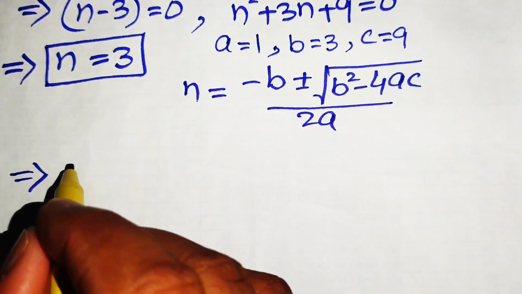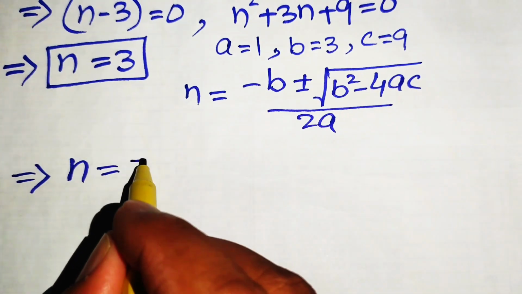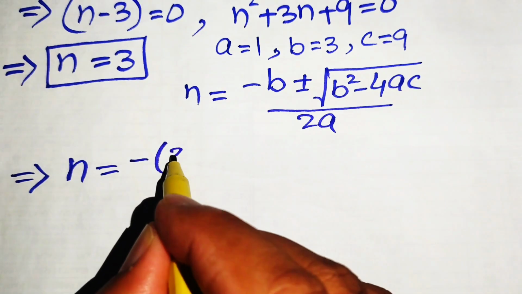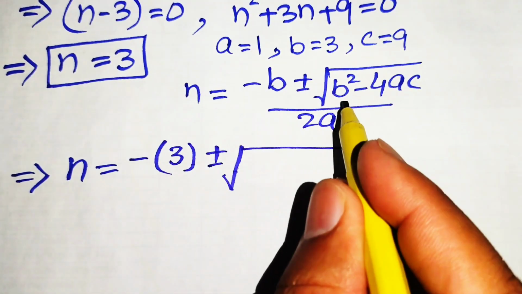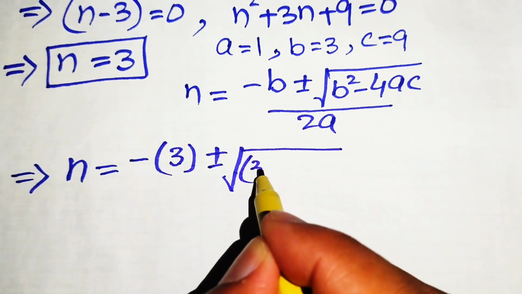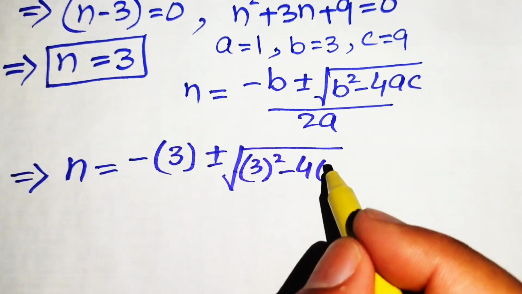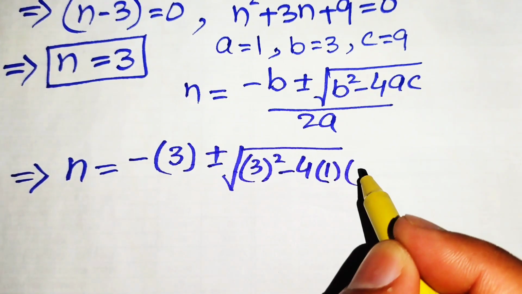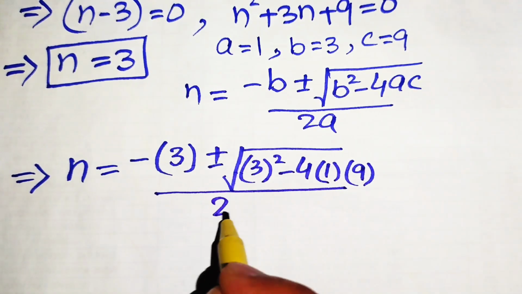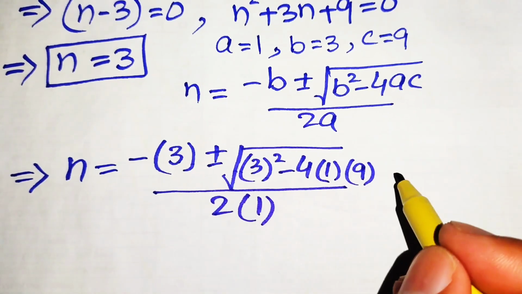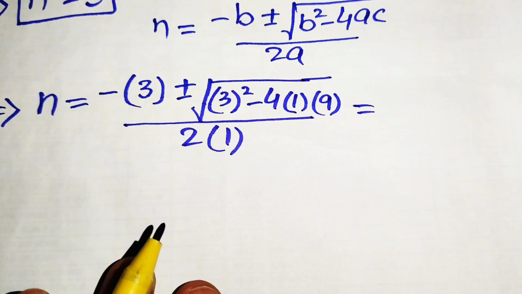So we again write this equation as n equals minus b. We have the value of b is 3, plus minus square root of b square. So b is 3 square minus 4 times ac. Our a is 1 and c is 9, and this whole divided by 2 times a, and our a is 1. Here we need some simplifications.